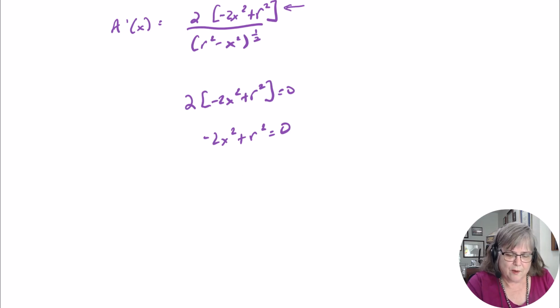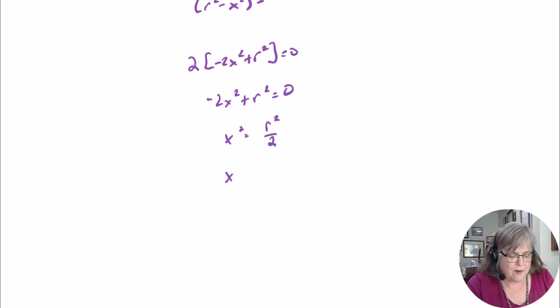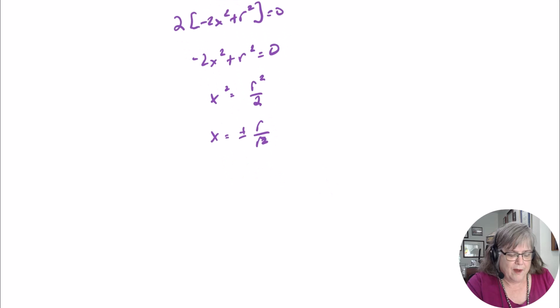Let's solve it for x squared. So x squared is equal to r squared over 2. So x is plus or minus r over the square root of 2. And we don't want a negative r, okay, so we would want the positive version, r over the square root of 2.